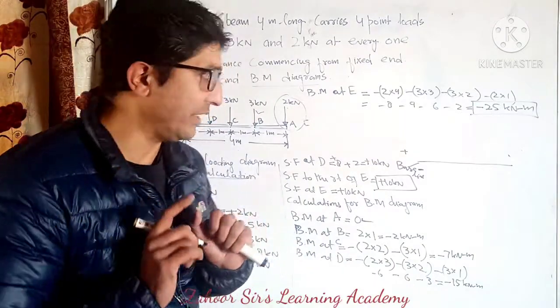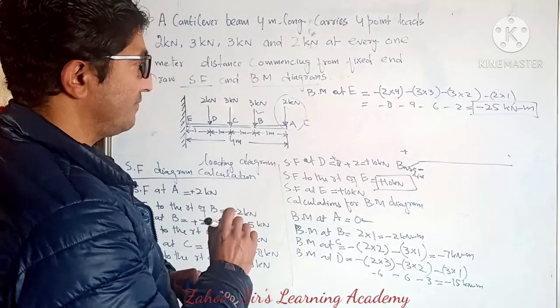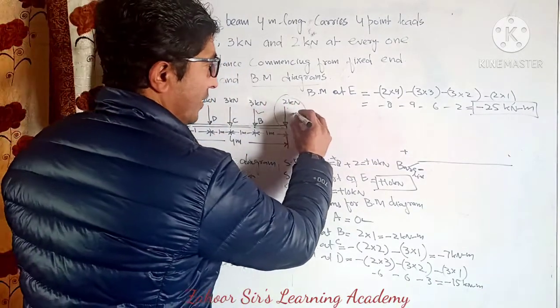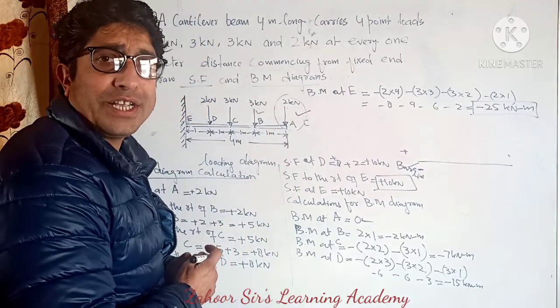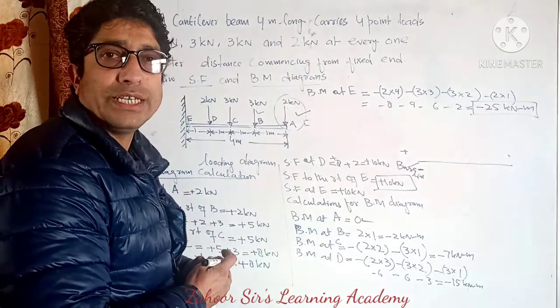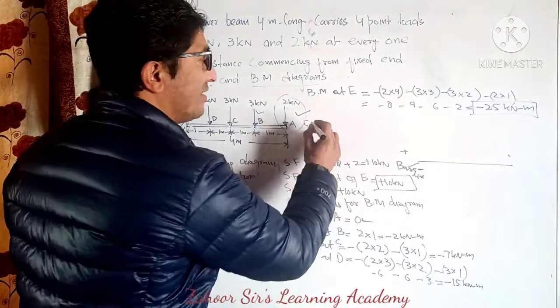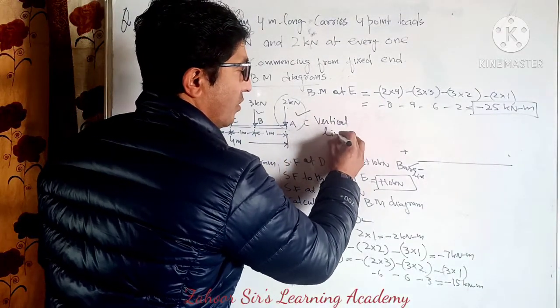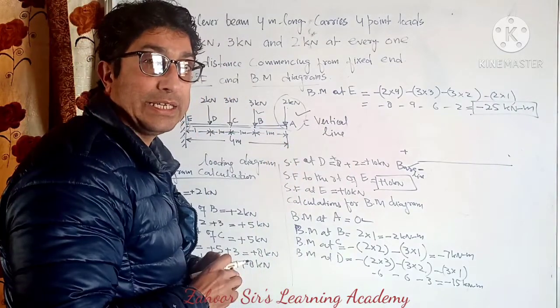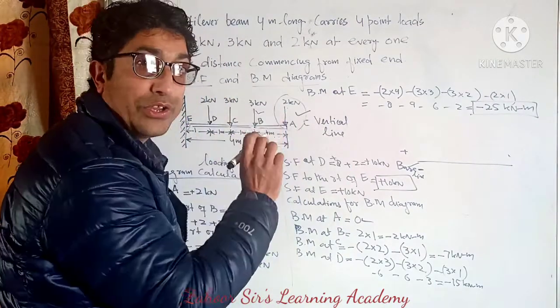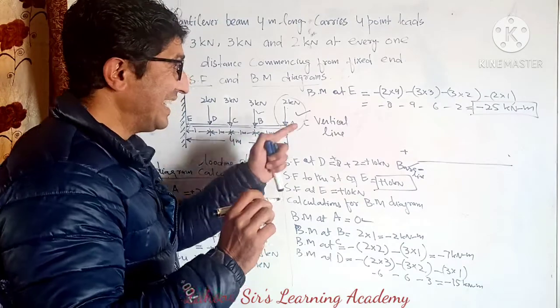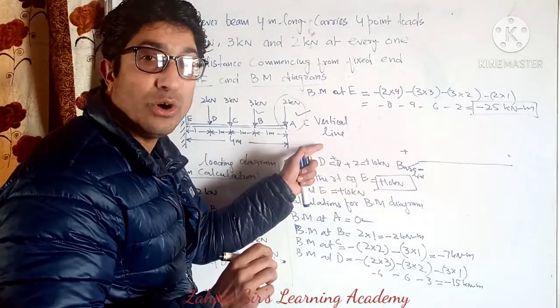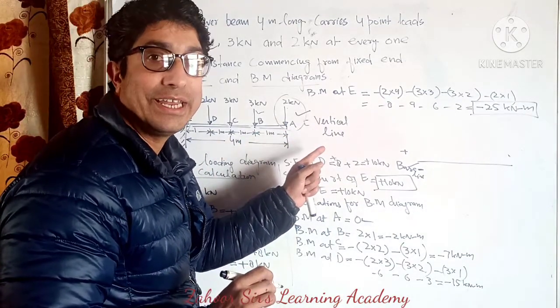Remember? Okay, fine. Now let's start drawing. Remember, all point loads in the SF diagram should be drawn with a vertical line.